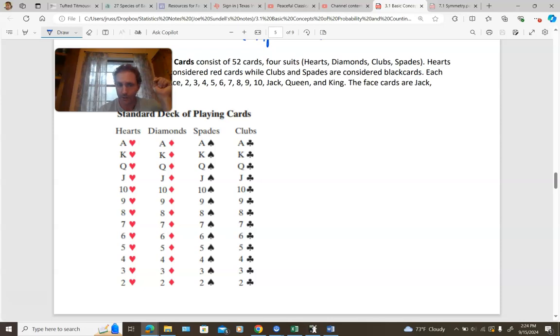And then each suit will consist in this order of an ace, 2, 3, 4, 5, 6, 7, 8, 9, 10, a jack, queen, and king. The jack, queen, and king, guys, are often referred to as face cards because they literally have faces on them.